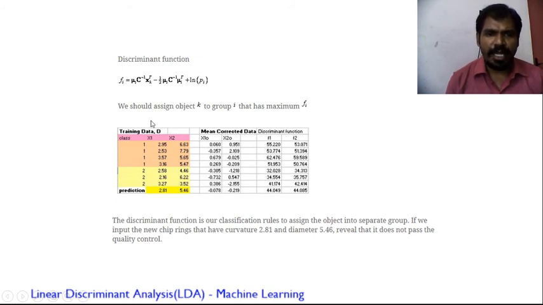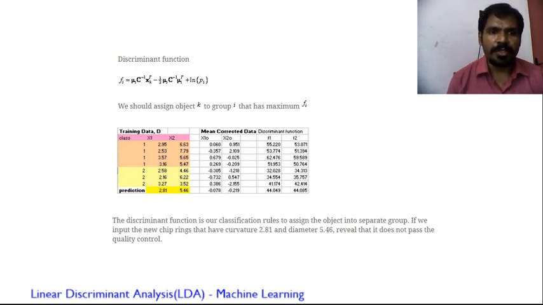For instance, if you take the first data point, that is x1, x2, 2.95 and 6.63. To find out f1, I take the first data point x1, x2, I take the transpose of this in terms of xkt, and we already computed the covariance matrix. So that covariance matrix inverse is this, right? And mu i, we already computed mu, that is mean 1, that is mu 1, and mean 2, that is mu 2.